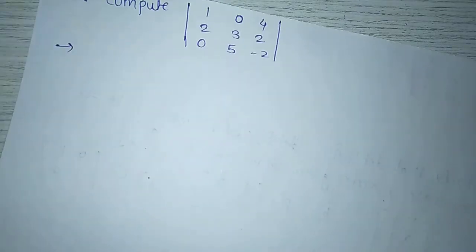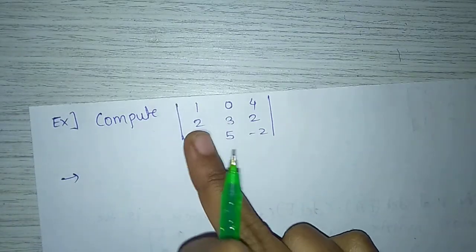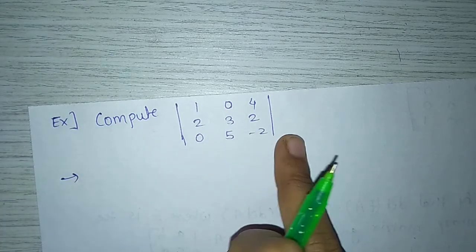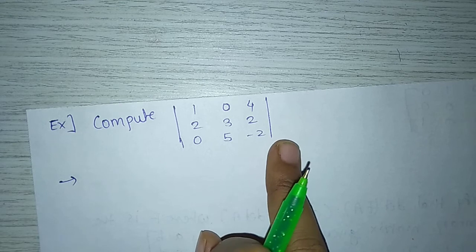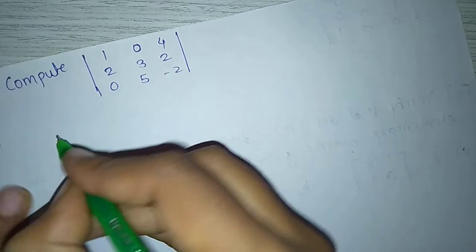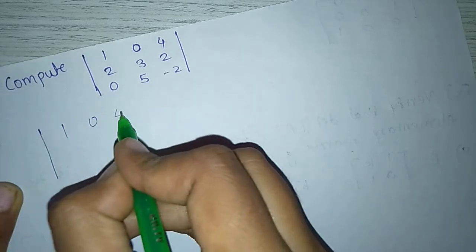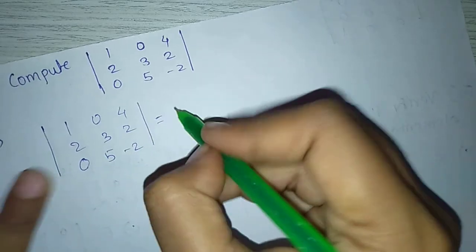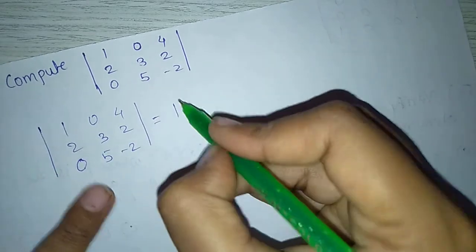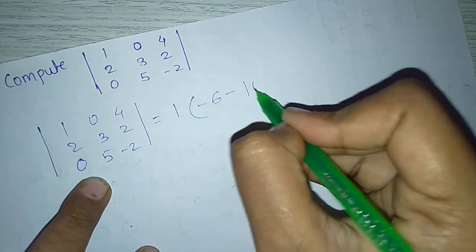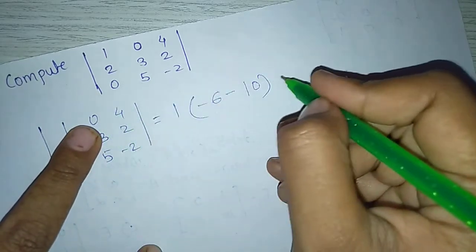Next, compute the determinant of 1 0 4, 2 3 2, 0 5 minus 2. So determinant equals 1 into, now here we directly write 3 into minus 2, minus 6, minus 5 into 2, 10, minus 0, means here the term is 0.